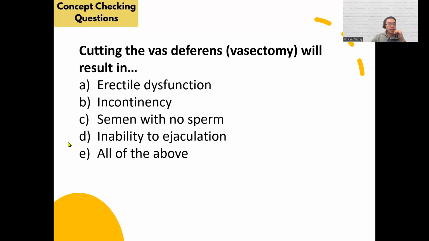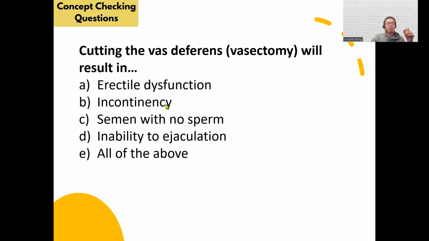And the last one here. Vasectomy will result in semen with no sperm. Because then you cut off the source of the sperm, so it's not going to come out. Not all of the above. Erectile dysfunction is not being able to have an erection, and that has nothing to do with the vas deferens.